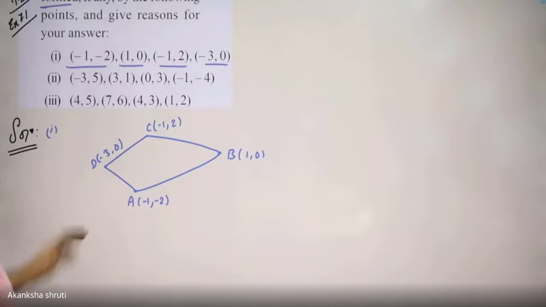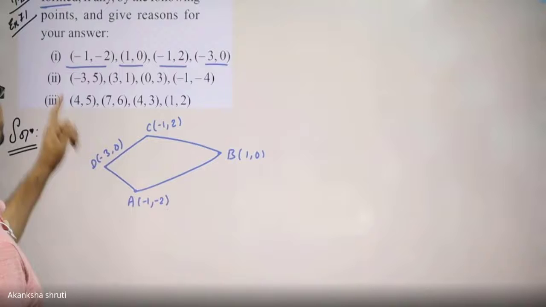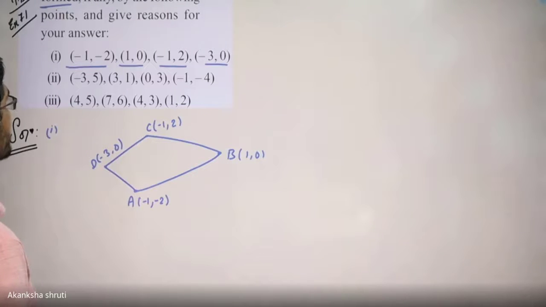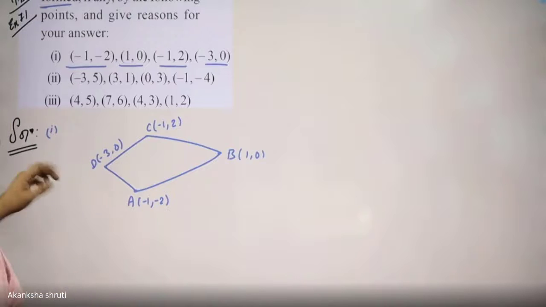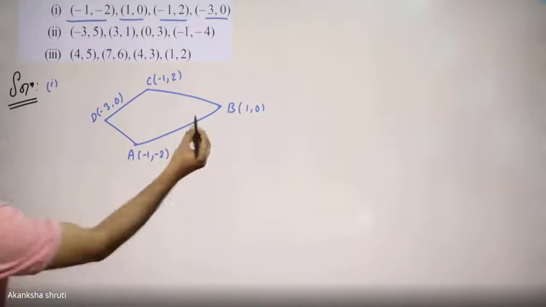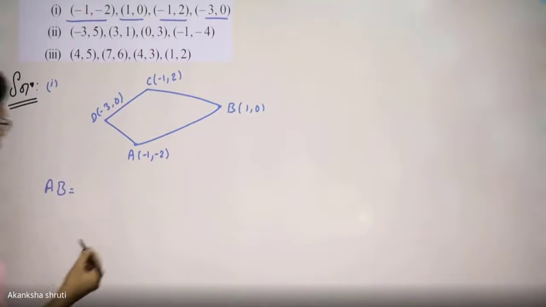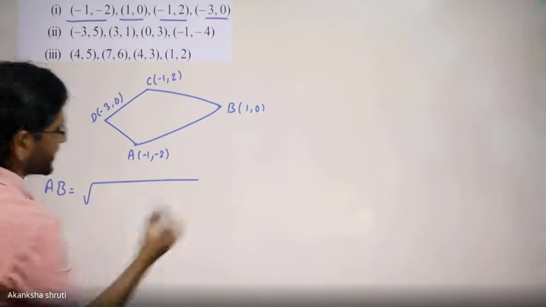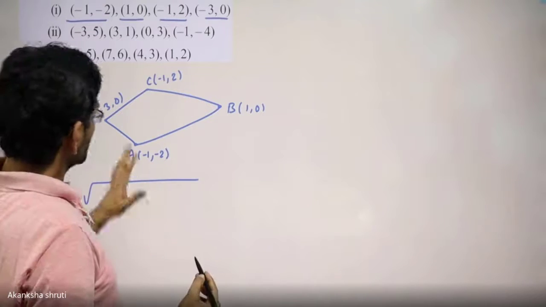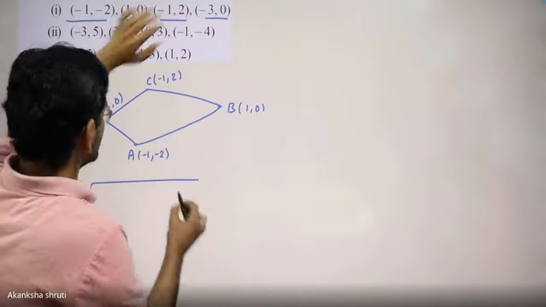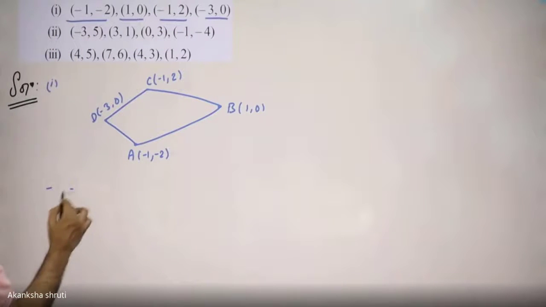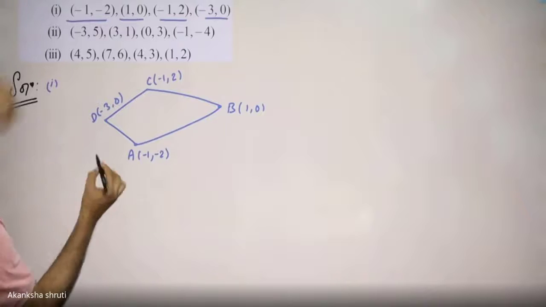After drawing this, for predicting the nature of the quadrilateral, we have to find the 4 sides and their diagonals. Let us start calculating. So students, for calculating AB, we can write directly. No need to write the formula again and again. A better habit is to write the formula only once.